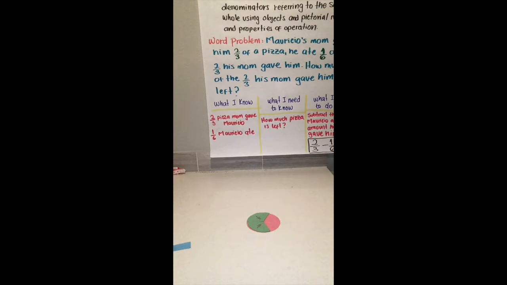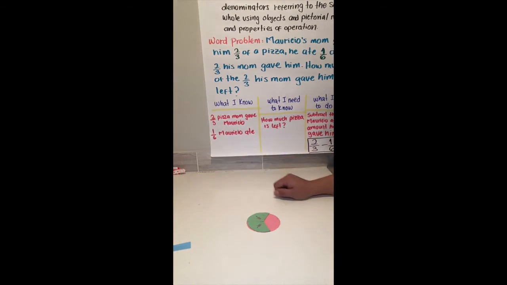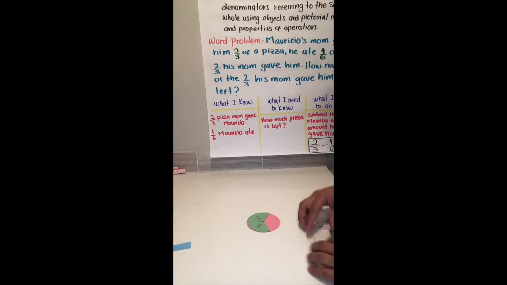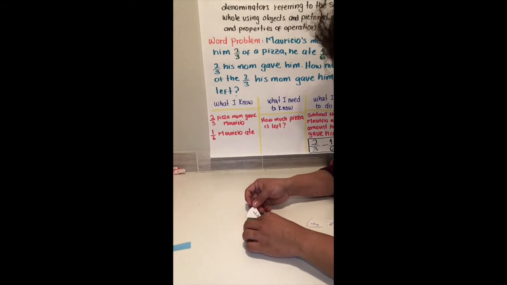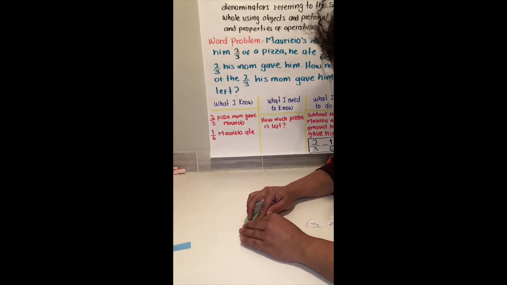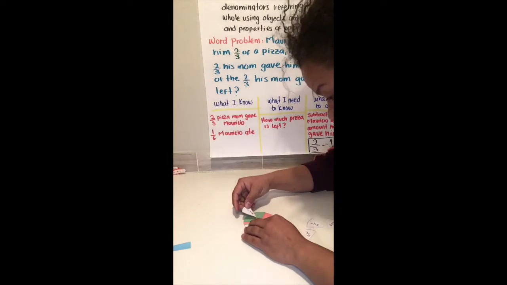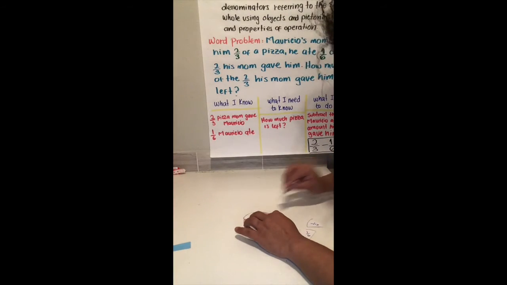And then they're telling us that Mauricio ate 1/6 of 2/3. So that means I'm going to have to regroup, guys. So let's go ahead and represent those thirds in sixths. So what I'm going to do is put my 6 on top of this. This is 1, this is 2, this is 1, this is 2.